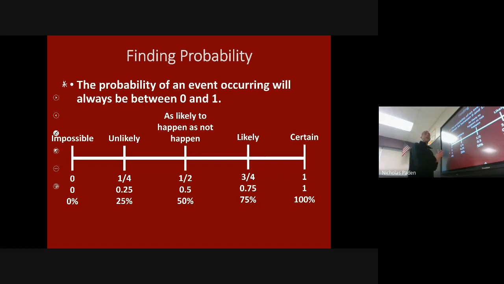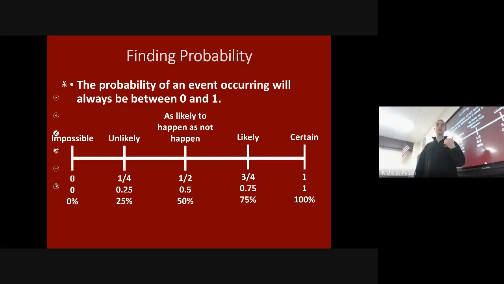And then on the other side, if it is 1 or 100%, then it is certain. An example of the probability being 0 is rolling a 7 on a 6-sided die. That will never happen because a 6-sided die only has 1 through 6 on it. So you will never roll a 7. That is impossible.